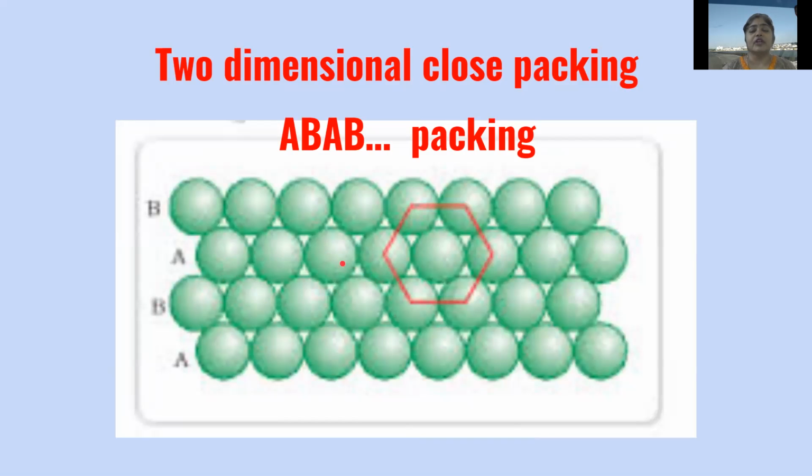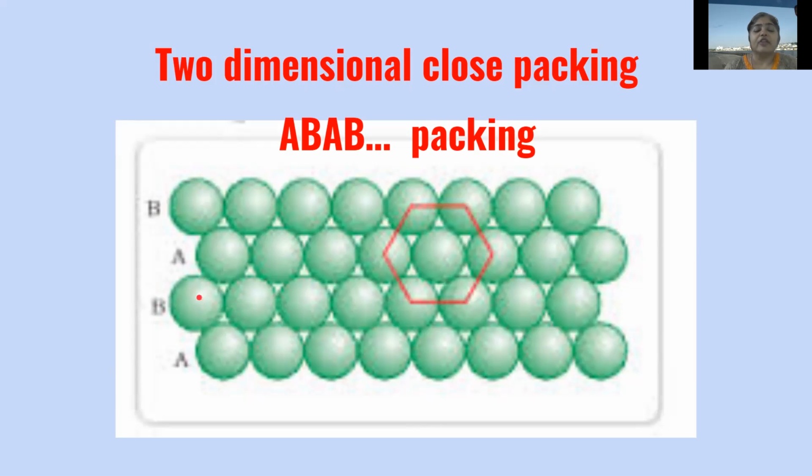This is something similar to the arrangement of chairs in an auditorium. For better viewing, when you go to a theater, you must have seen the chairs are arranged in such a manner that the second row chairs will be exactly between the chairs of the first row. Similarly here, the atoms or spheres of the second row are fitting into the depressions of the first row.